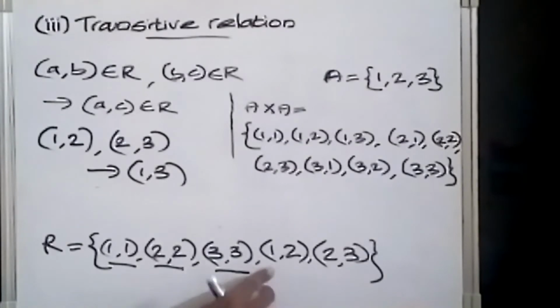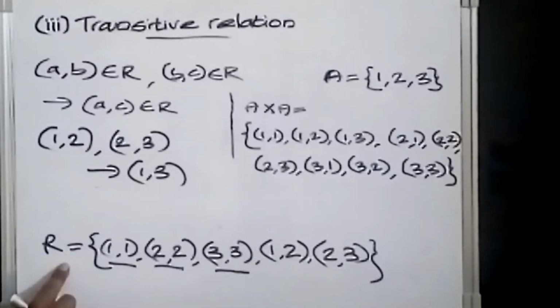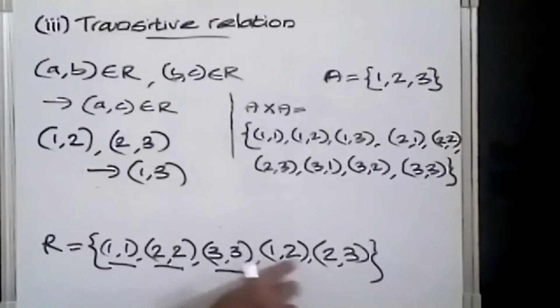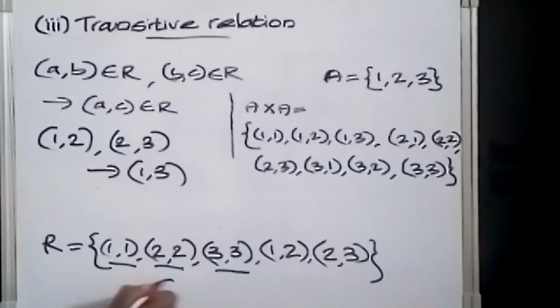It is not symmetric because (1, 2) is an element of R, but (2, 1) is not an element of R. Therefore, it is not a symmetric relation. Is it a transitive relation? It is not a transitive relation because 1 is related to 2 and 2 is related to 3, but 1 is not related to 3. That is, (1, 3) is not an element of R. This relation is not a transitive relation.